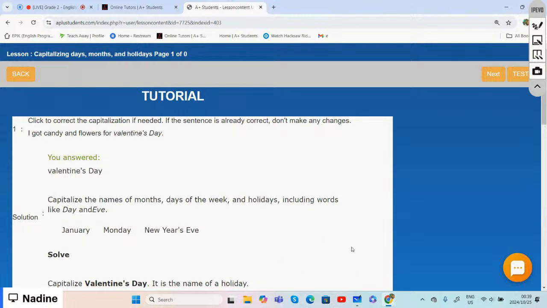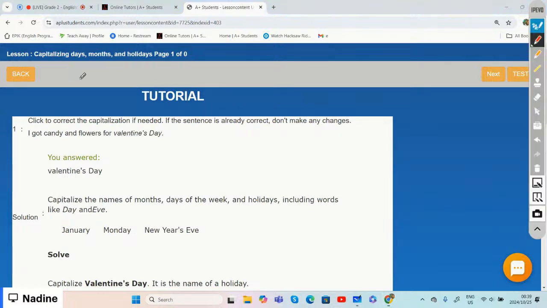Then Valentine's Day needs to be capitalized, because that is a special day, right? Valentine's Day.